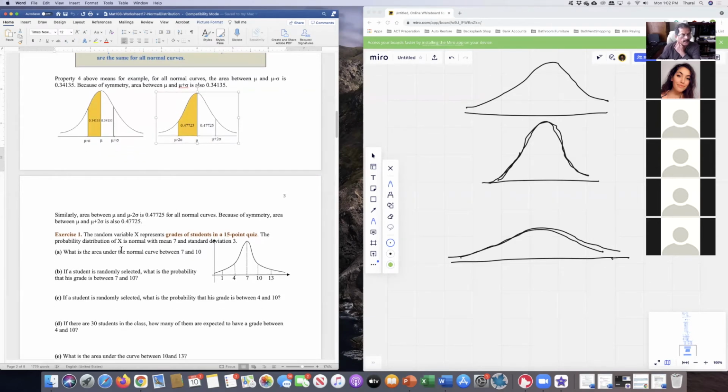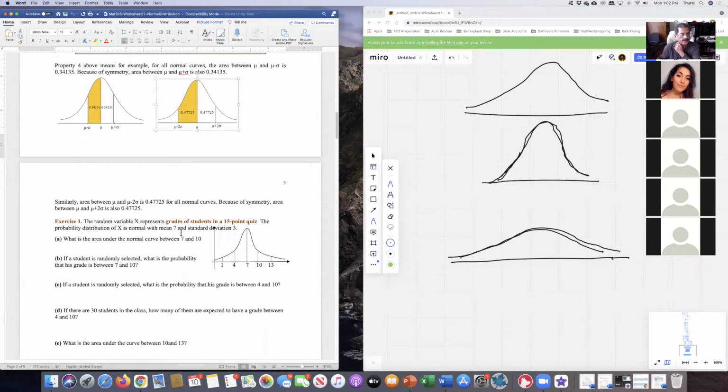Okay, so let's do a simple example first. Random variable X represents grades of students in a 15-point quiz, and it is known to be distributed normally with the standard deviation 3.